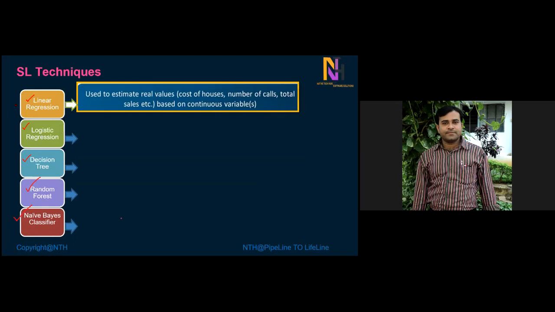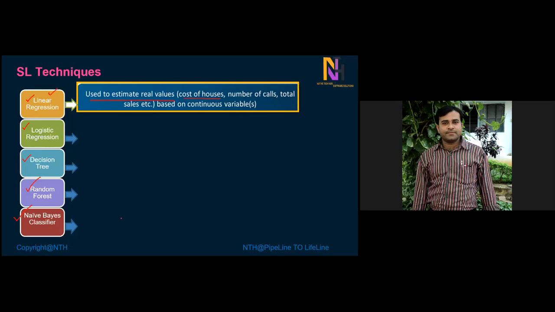Coming to supervised learning, regression, which I'm demonstrating, is used to estimate real values. What real values? Cost of houses. Year by year the cost of houses is going to increase. Next year in Hyderabad, what the price of a 1200 square feet house could be will be predicted with the help of linear regression.